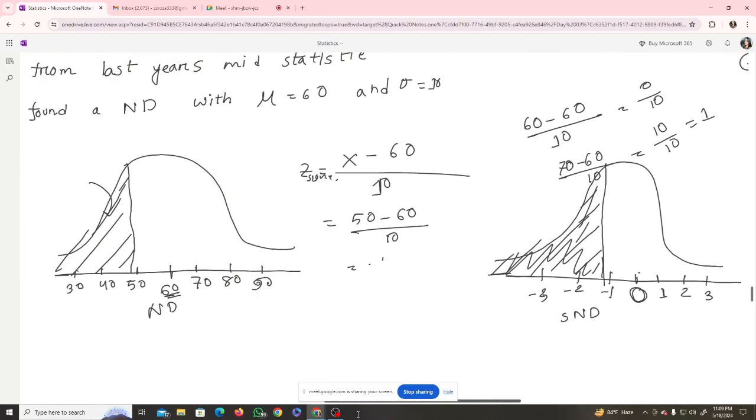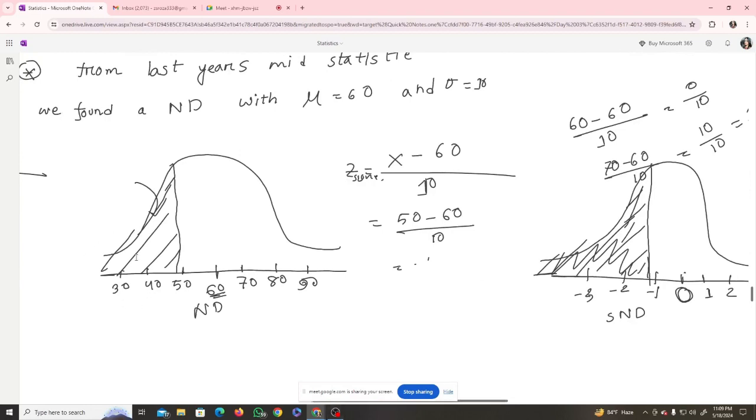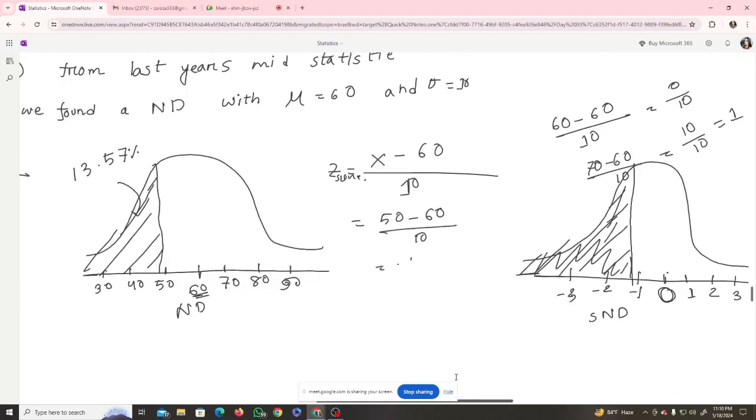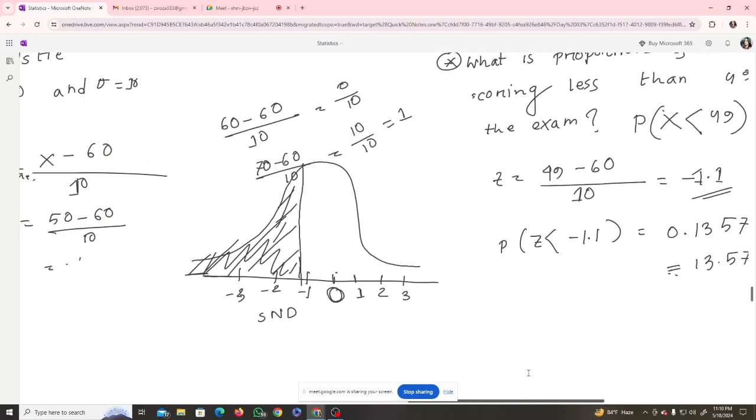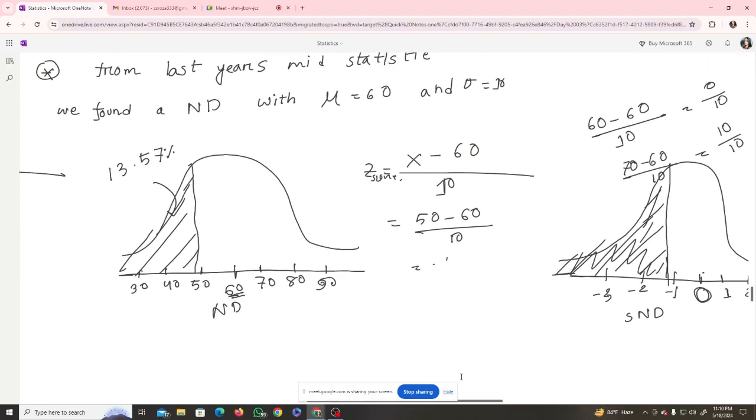It means that 13.57 percent of students who attended the statistics exam got below 49. This is the percentage of people who got below 49. So you see, if we did not convert it into the standard normal distribution, we wouldn't be able to find out the percentage so easily, right?